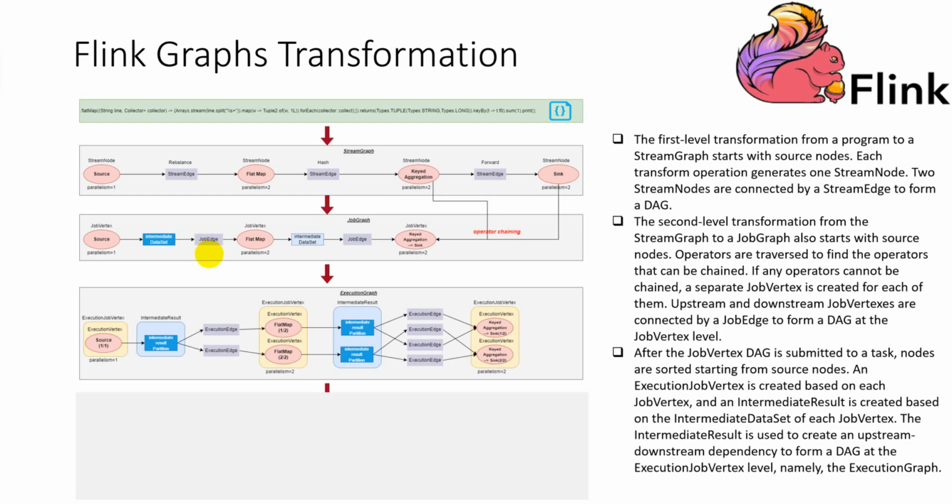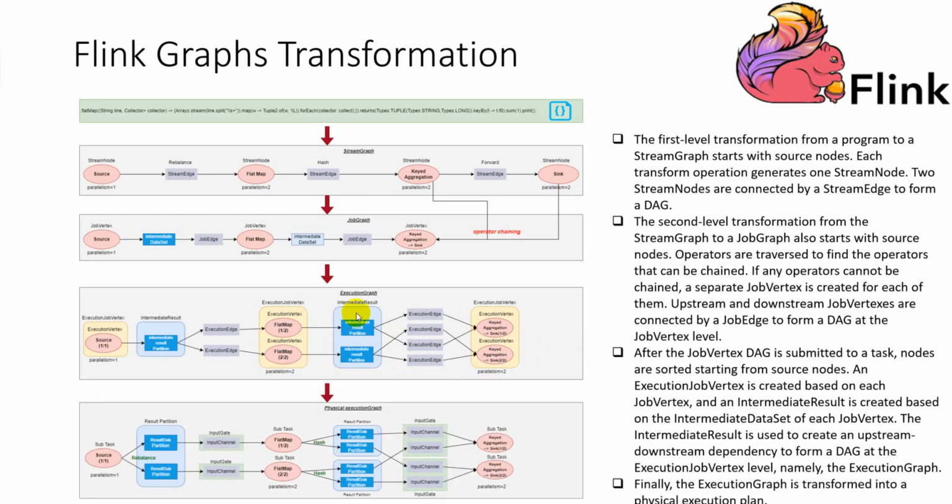The intermediate result is used to create an upstream to downstream dependency to form a DAG at the execution job vertex level, namely the execution graph. So in short, at the execution graph level, the parallelism assigning and subtask splitting will happen.